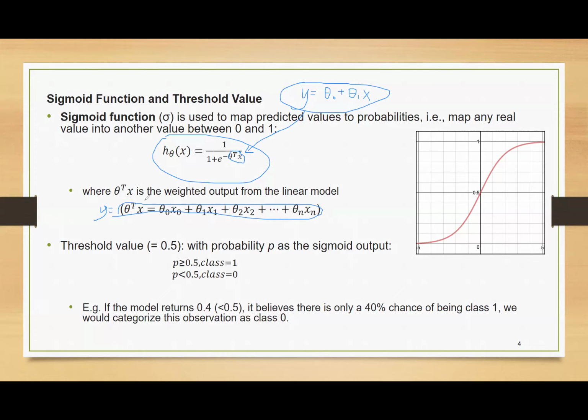Here you can see there is an x0, theta 0 times x0. If you still remember what we talked about last class, x0 is equal to 1. So the first term here is actually equal to theta 0.